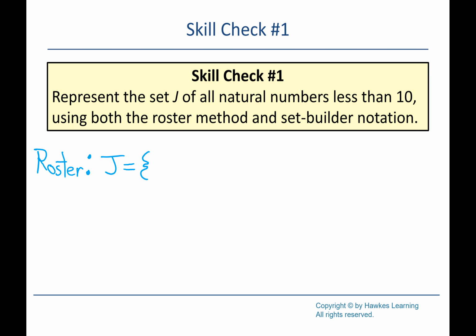Start with 1, and then 2, 3, 4, 5, 6, 7, 8, 9. What about 10? No, because it says less than 10. If it said less than or equal to 10, we would do 10, but it says less than 10, so there we go. It's 1 through 9. That's roster method.